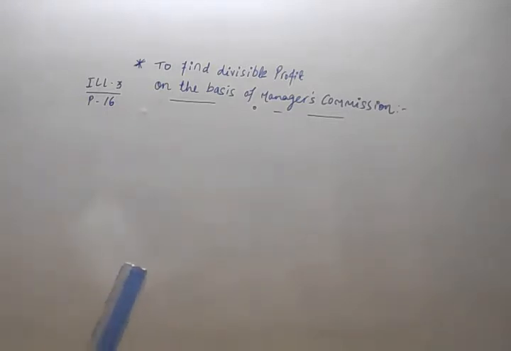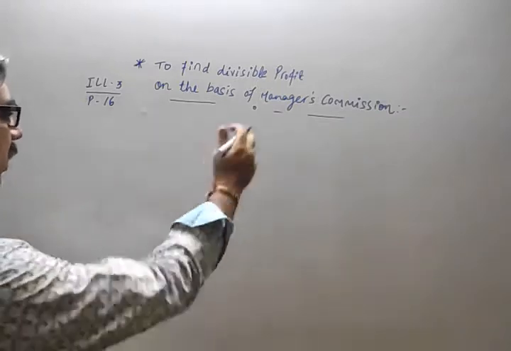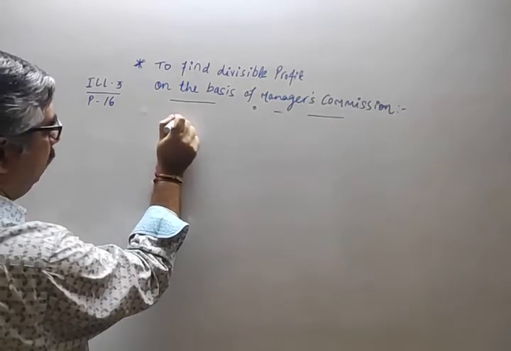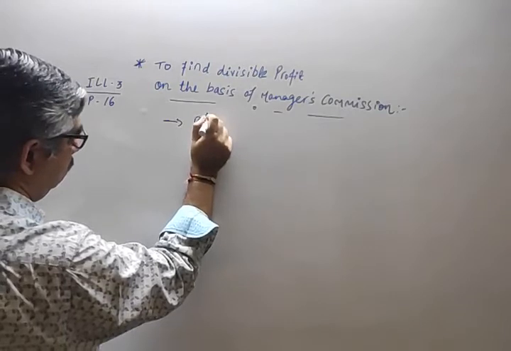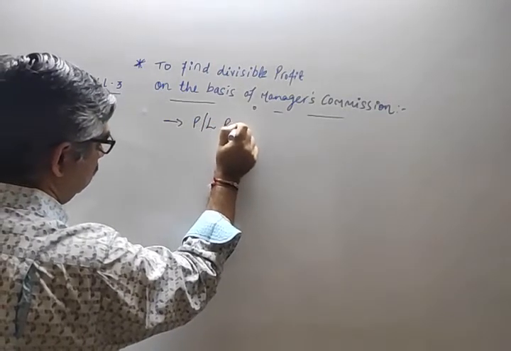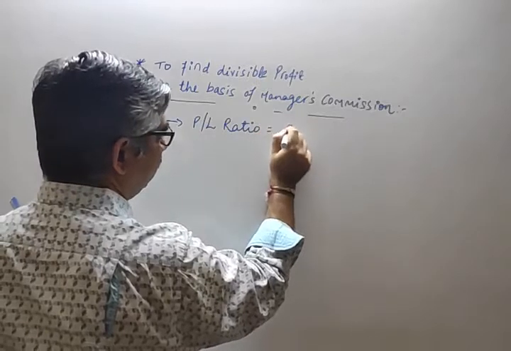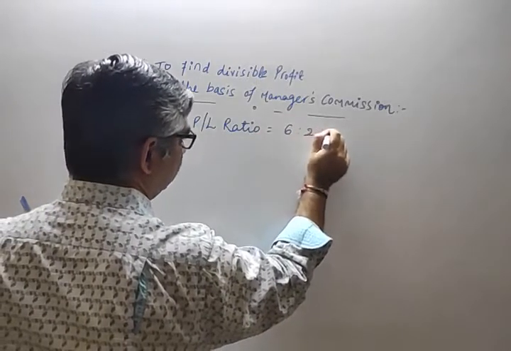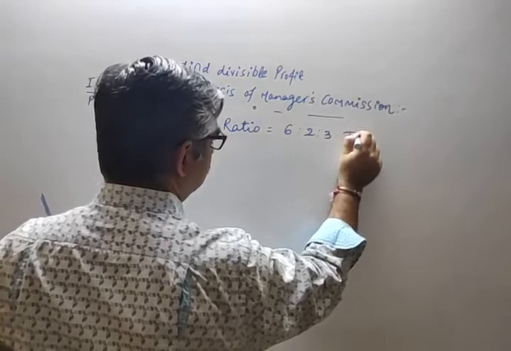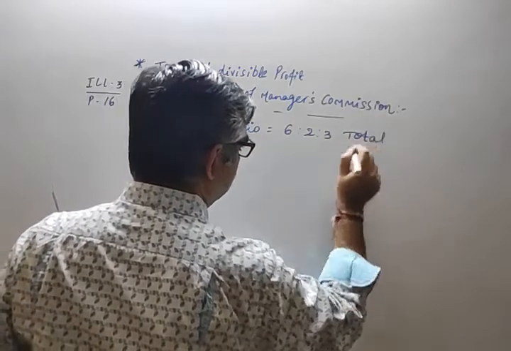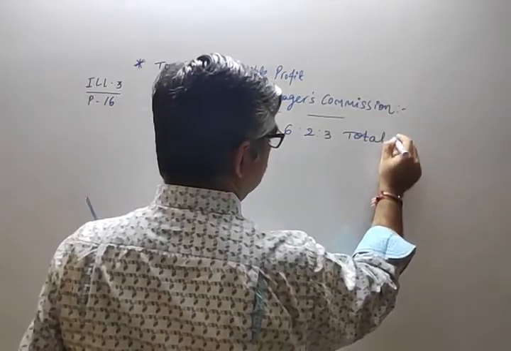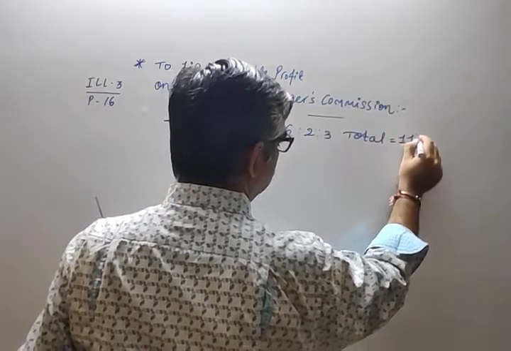Okay, let's continue. First of all, as usual, P&L ratio. That is 6:2:3. Total 11.